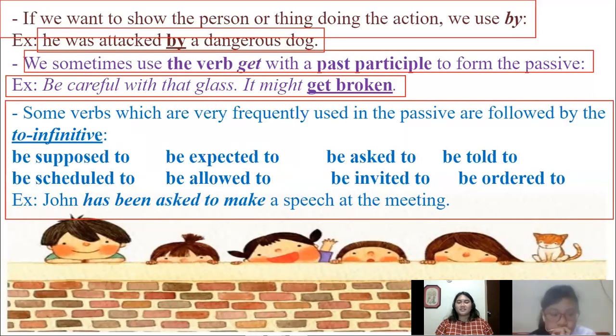For example, John has been asked to make a speech at the meeting. Okay. So just always remember this. Did you understand? Okay. So let's continue.